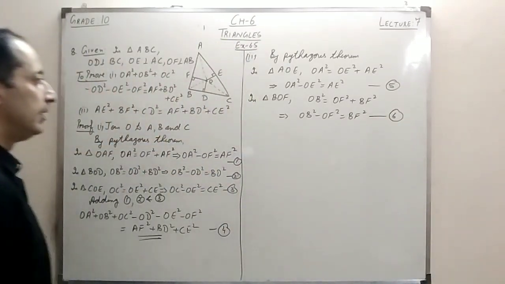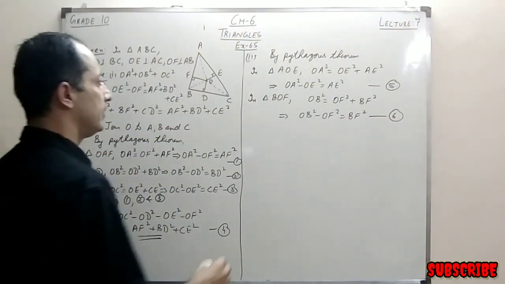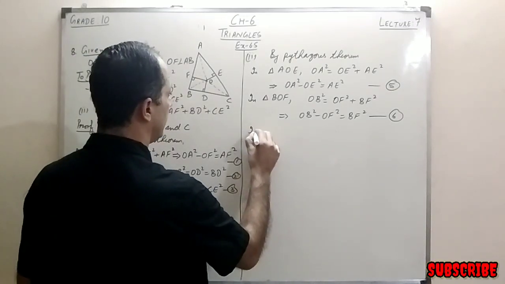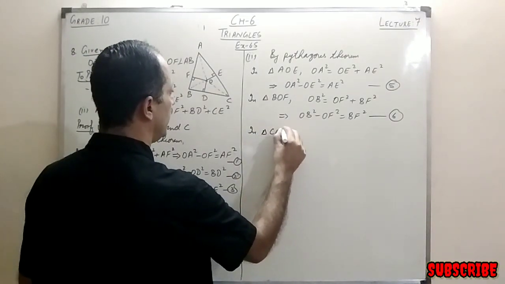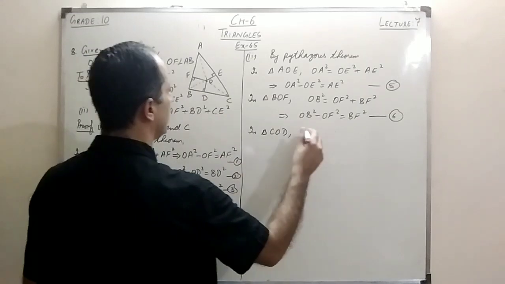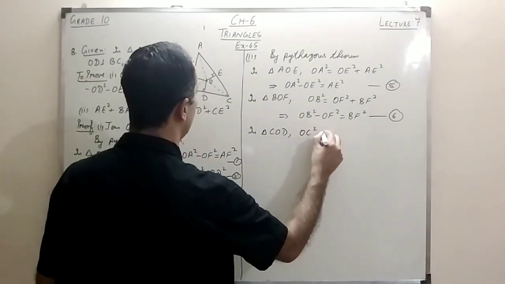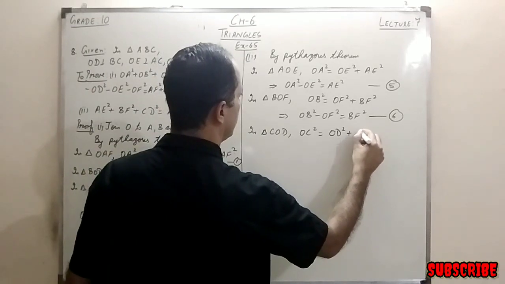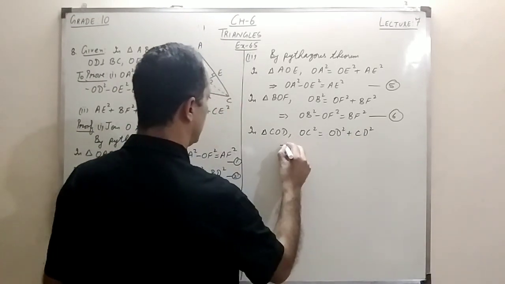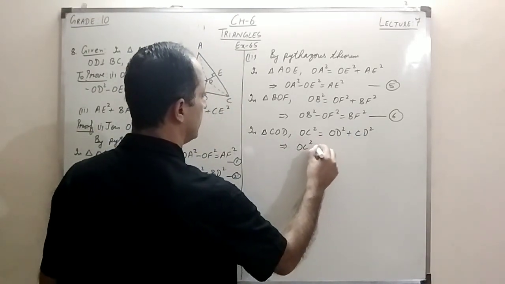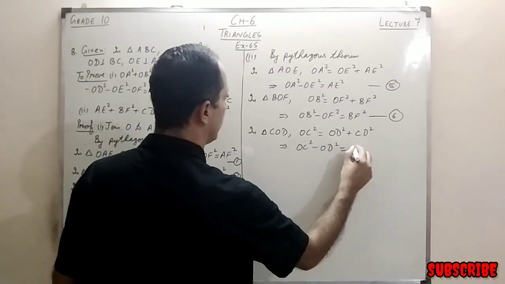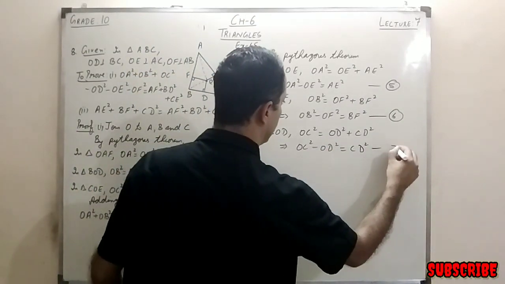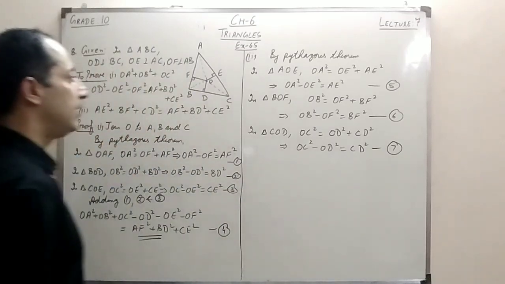This is the sixth equation. Similarly, in the sixth triangle, triangle COD, OC square is equal to OD square plus CD square, and from here OC square minus OD square is equal to CD square. This is my seventh equation.